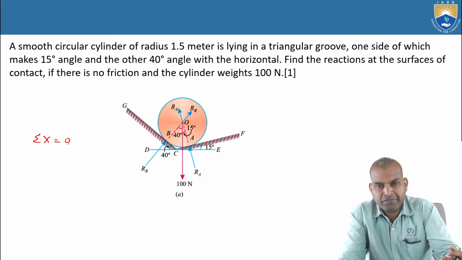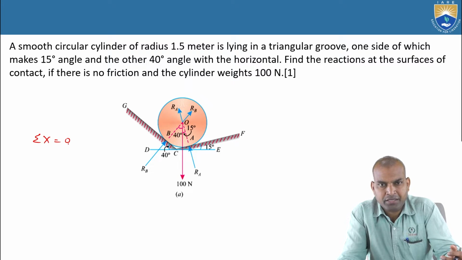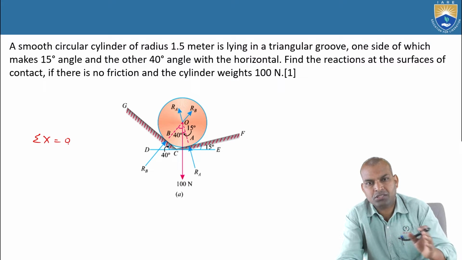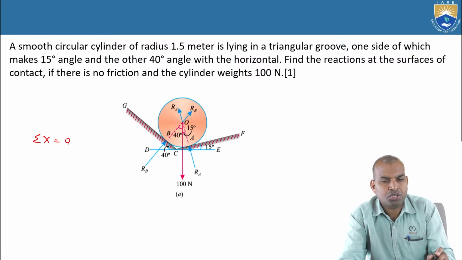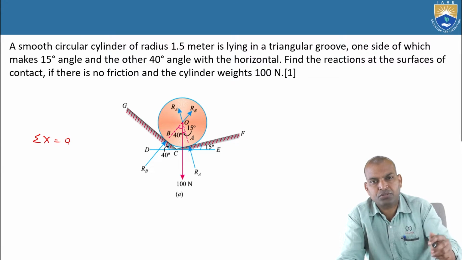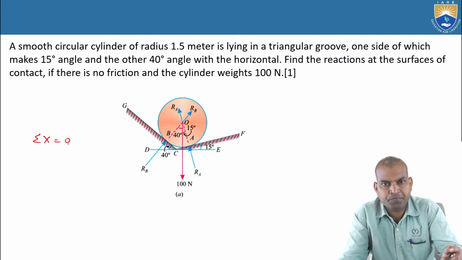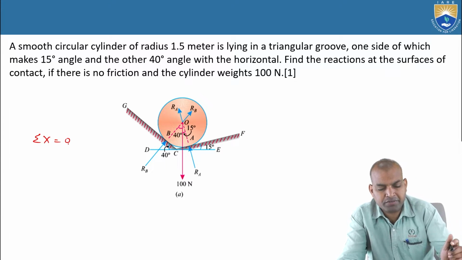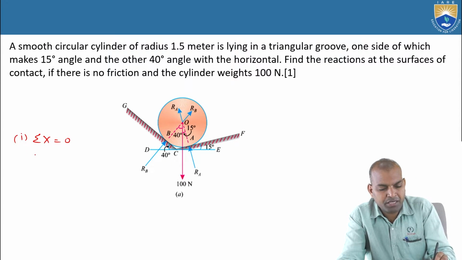The body will be in horizontal equilibrium when the sum of the forces acting towards the left direction equals the sum of the forces towards the right direction. When it is equal, then the whole body will be in equilibrium horizontally. The next equation is sigma y equal to 0.